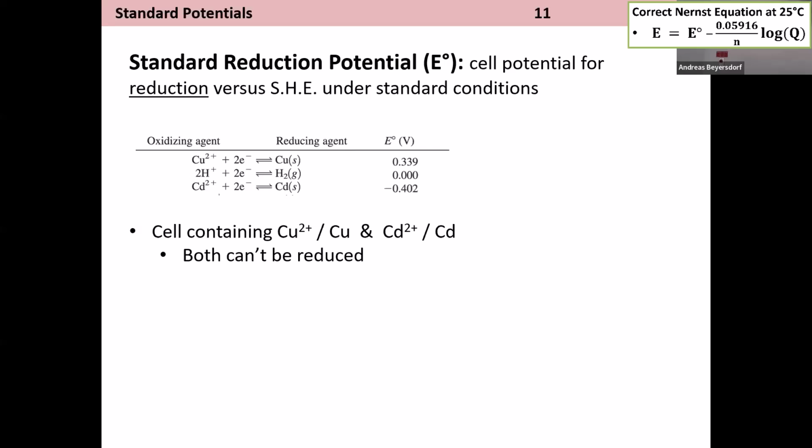Okay, so in this case, we have copper 2 plus and copper. We have cadmium 2 plus and cadmium. Let's see, let's zoom out. By the way, you won't see this on the video, but I'll post it on the page afterwards. Okay, so this is slide number 11.